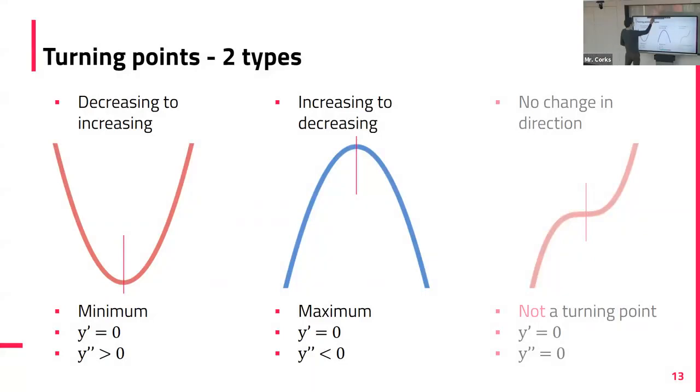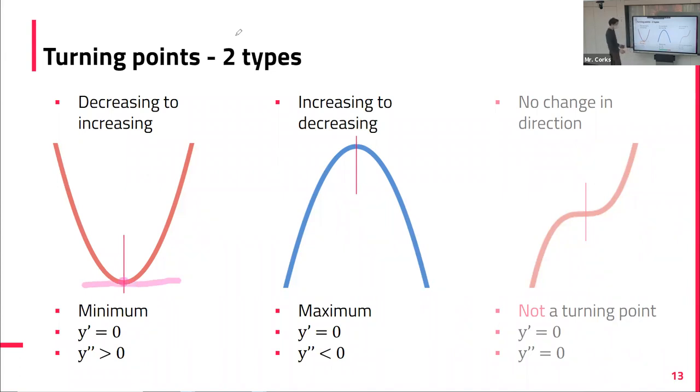Turning points, we talked about this as well. So what the derivatives are telling us about these turning points. If we have a minimum point, then the slope at that minimum point is 0. It's flat, so slope is 0. So our first derivative should be equal to 0. Same thing for the maximum points here. And what we will really properly talk about today is this second part with the second derivative.